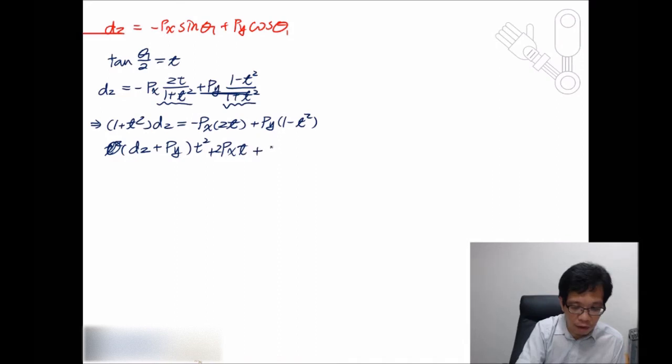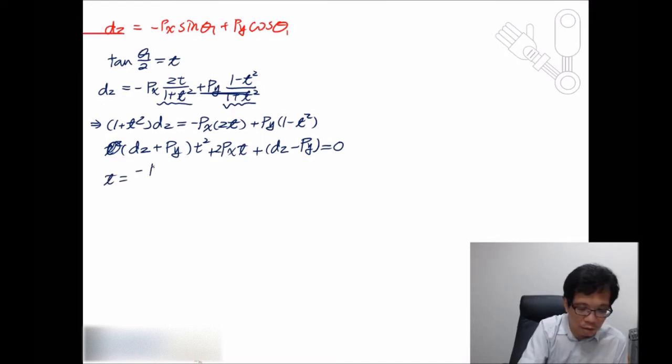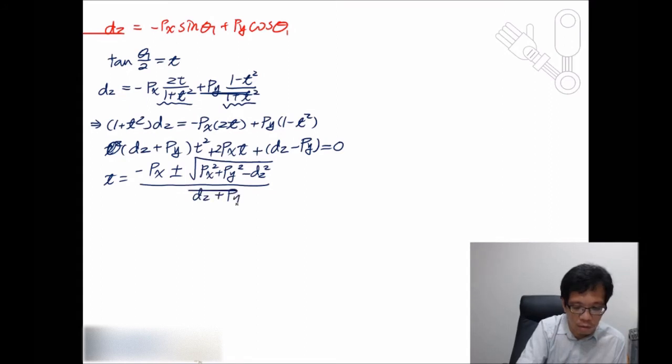The constant term over here is going to be d2 minus py, equals 0. Since this is a quadratic equation, we should be able to solve for t using the formula. Then t equals negative px plus minus the square root of px squared plus py squared minus d2 squared, and the denominator is d2 plus py.